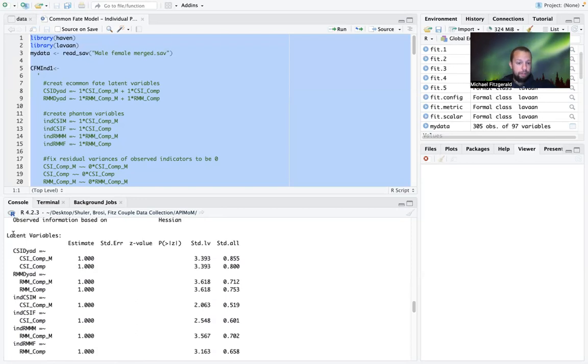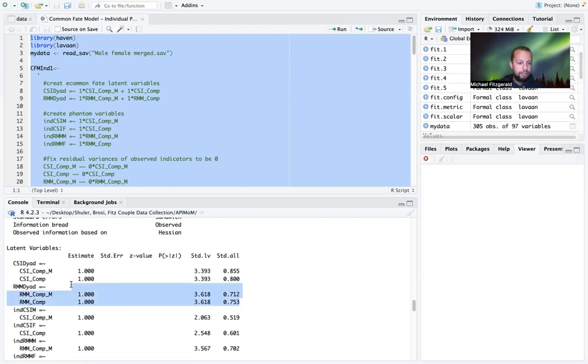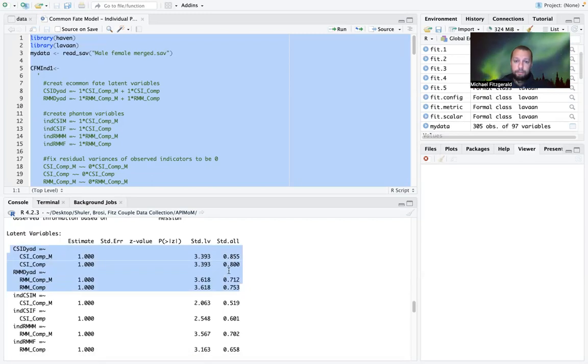So here are our latent variables. As you will see, we have our observed variables being loaded onto the common fate constructs. And then we have our phantom constructs right here. You will notice that RMM and CSI load quite well onto the common fate latent constructs.